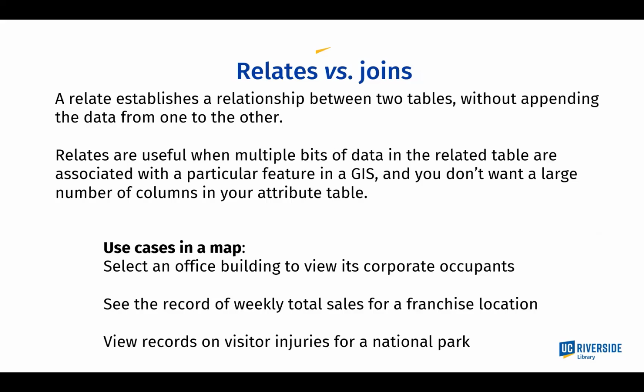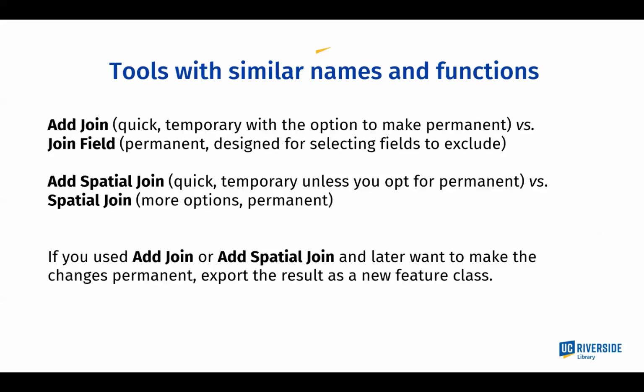You can just have a table that the user can click on and they can see that, and just get that information, but without having it embedded in the GIS, so to speak. Same idea, like weekly sales at each franchise location, and so forth. So that's a relate. It's less permanent, and it doesn't clog up the works of the GIS quite as much.